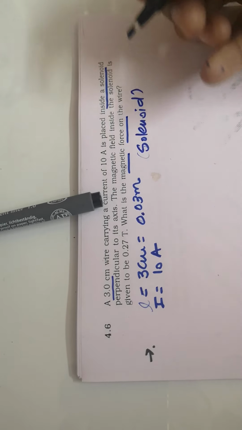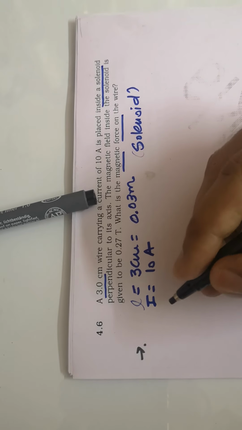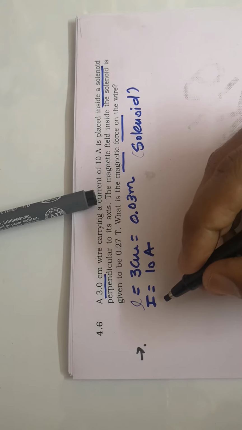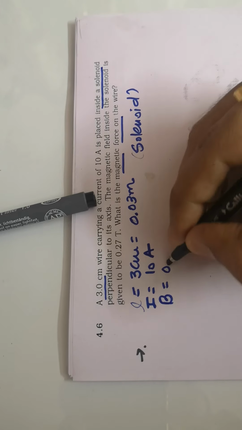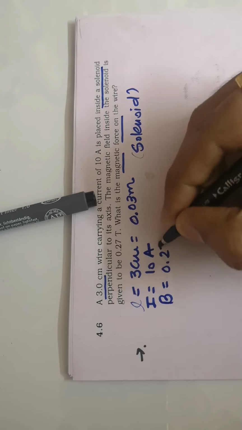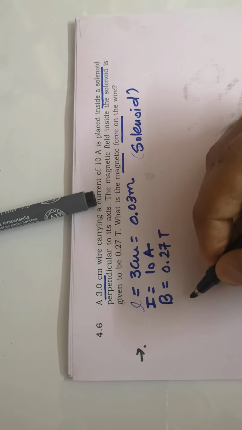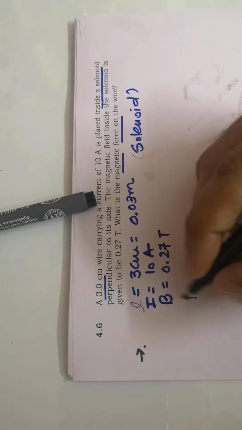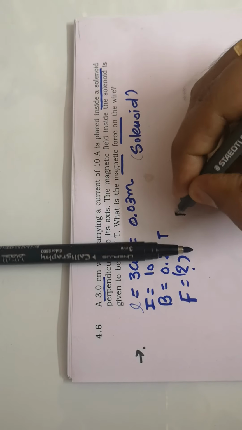You are aware that whenever a solenoid is there, you have a simple formula. I want to find it out. My current is 10 amperes. The magnetic field is given to me, that is 0.27 teslas. They haven't mentioned the number of turns per length or anything else, so I only have to find the magnetic force. The formula of the magnetic force is available, so I can utilize it.